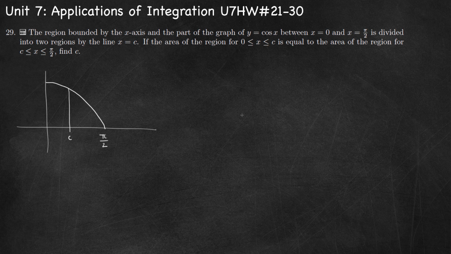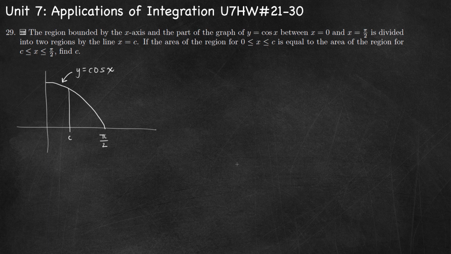And we're trying to find the value of c. So I think there's a couple ways we could approach this, but we know that our top function here is y equals cosine x.